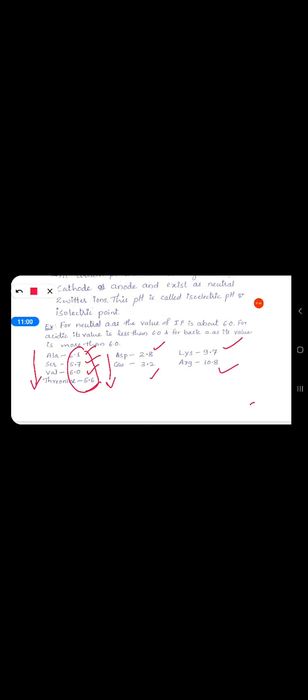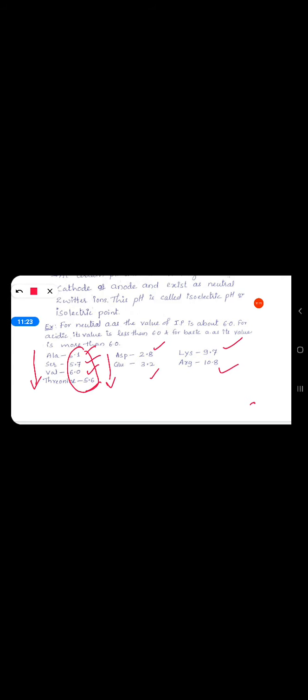Below or above this pH, it again exists as a cation or anion, so it migrates in the electric field. But at pH 10.8, it does not migrate because it exists exactly as a Zwitter ion.